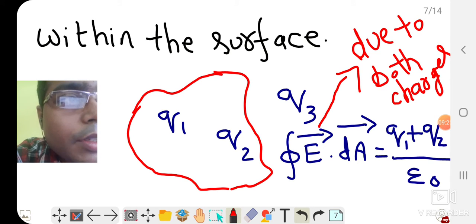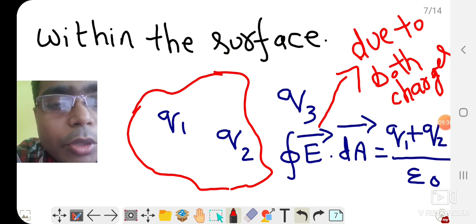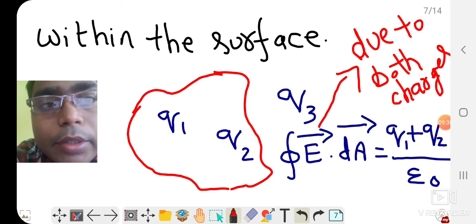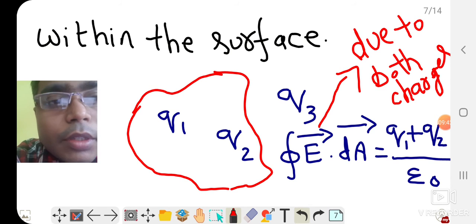The electric field is because of both the charges, but in the expression for electric flux that we write using the Gauss law, on the right hand side, only the charge present inside the closed surface will be considered. So here in this case it is given by q1 plus q2.